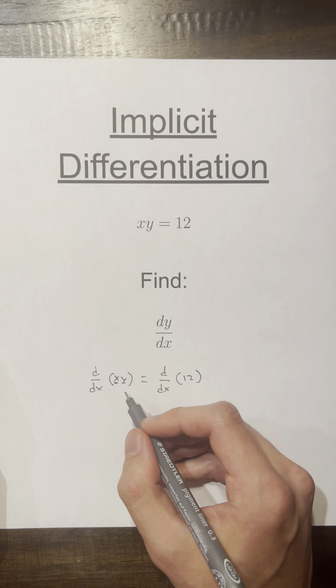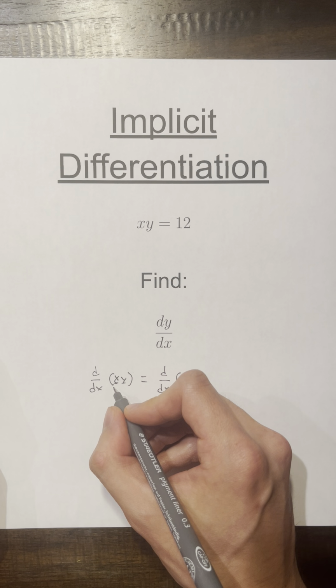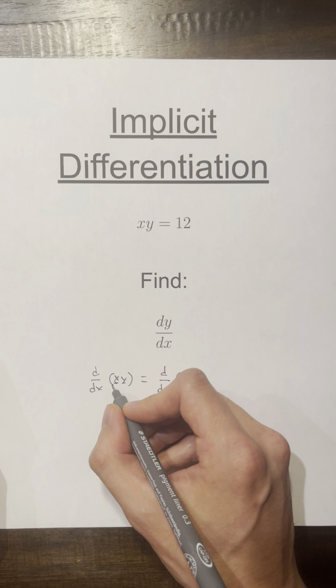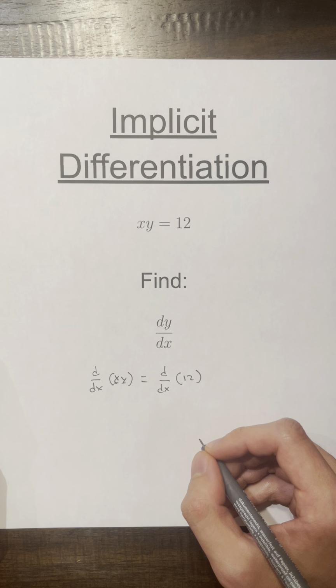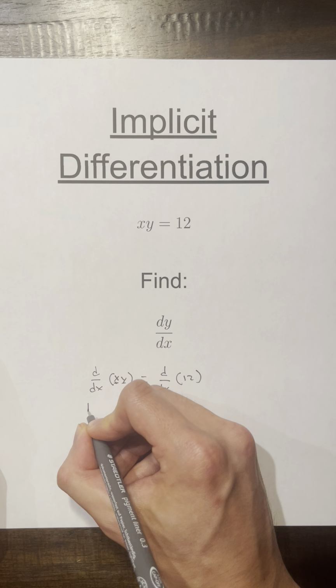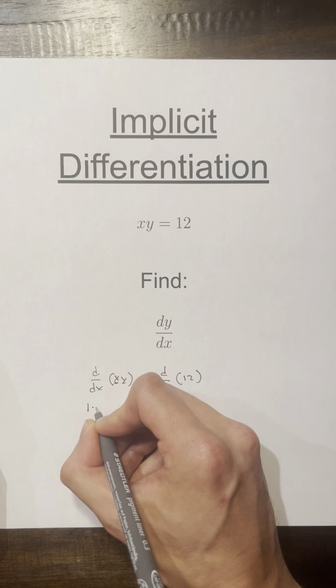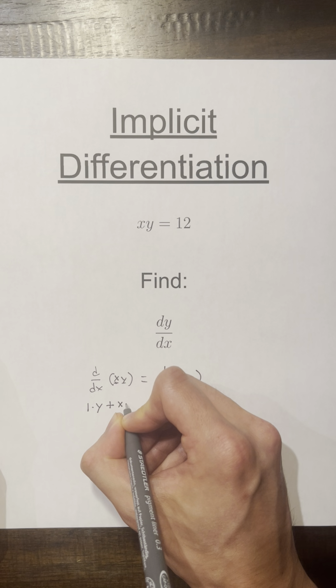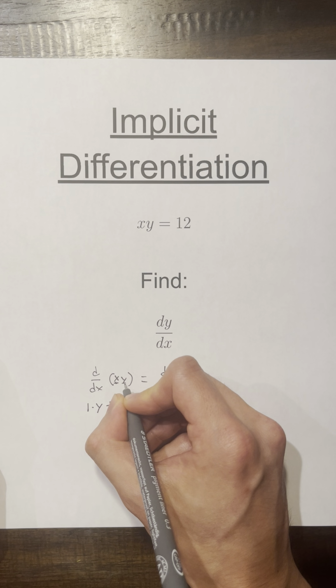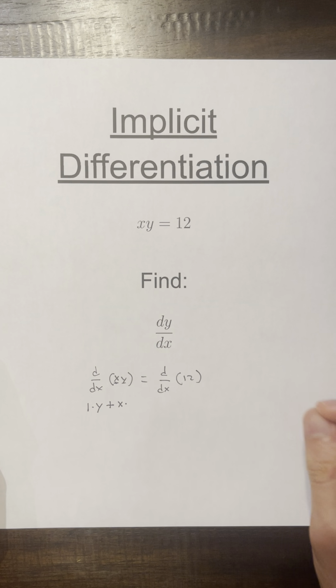Okay, so it's going to be the derivative of this, which is how much? 1 times this plus this times the derivative of this with respect to x.